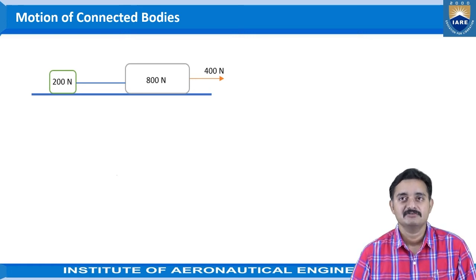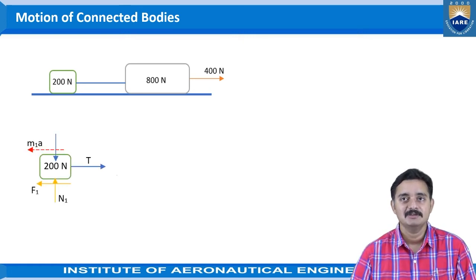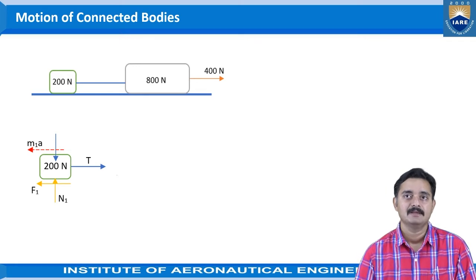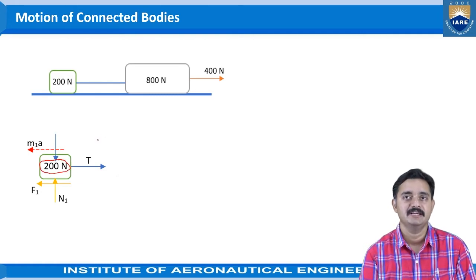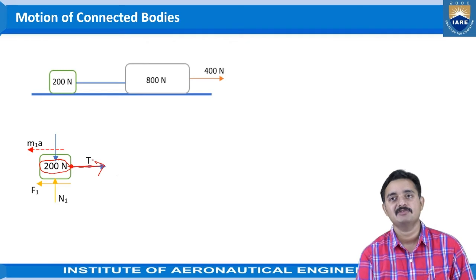The representation of the free body diagram for both the bodies is shown here. The first free body diagram is for the 200 Newton object, where a string is attached at this point, and we can show the value of tension.